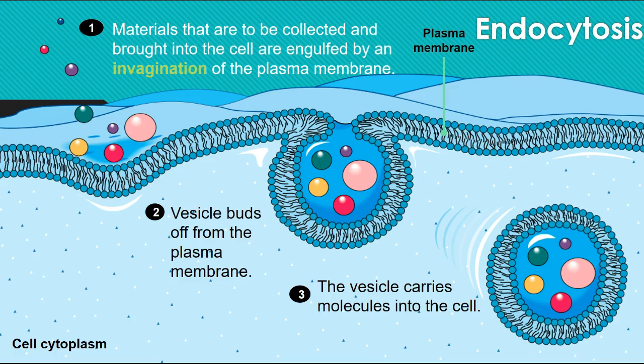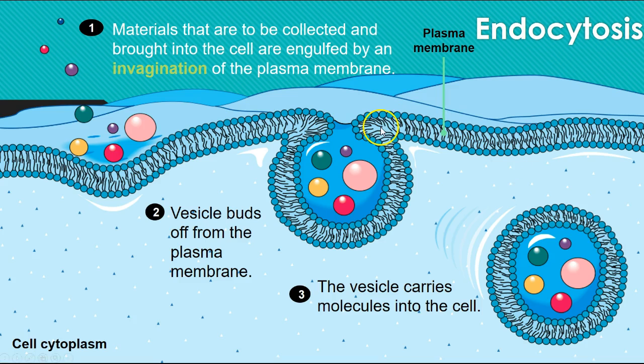Now, there are two types of active transport that involve the membrane. The first type is endocytosis. Endo means into, so this is movement of materials into the cell.